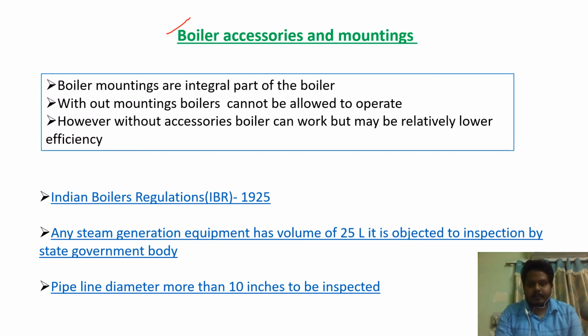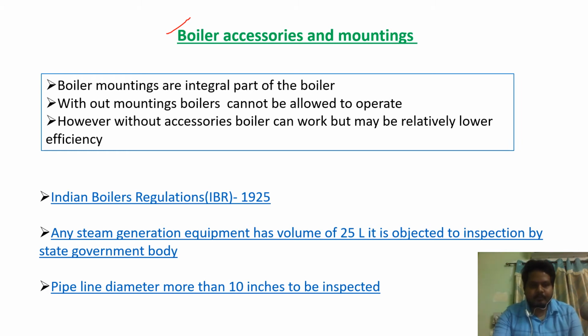Boiler mountings are an integral part of the boiler. Without mountings, boilers are not allowed to operate because safety-wise it is very important. However, without accessories, the boiler can be allowed, but the efficiency will be relatively lower.